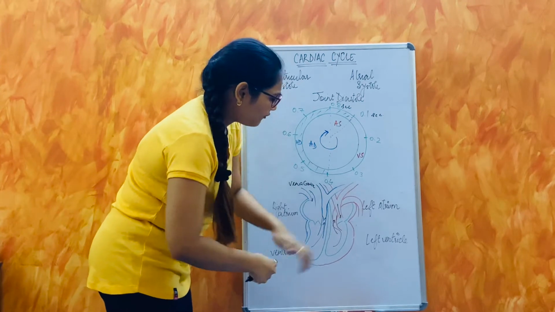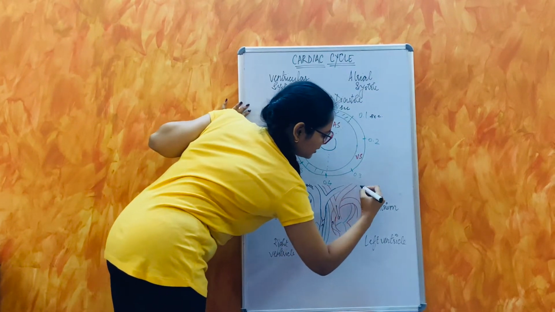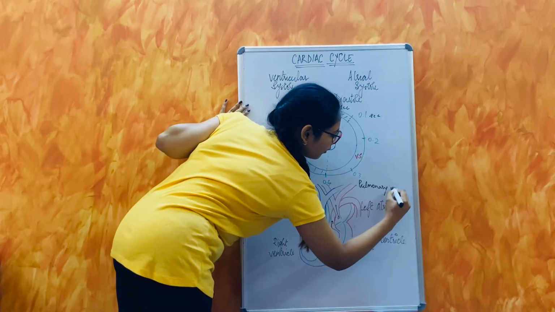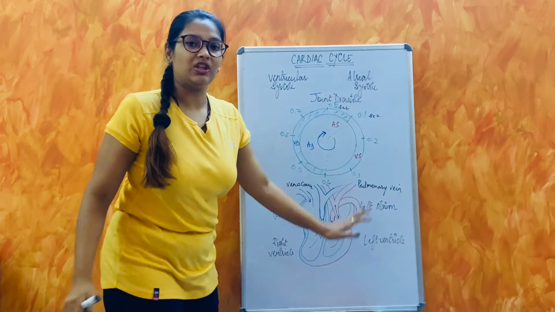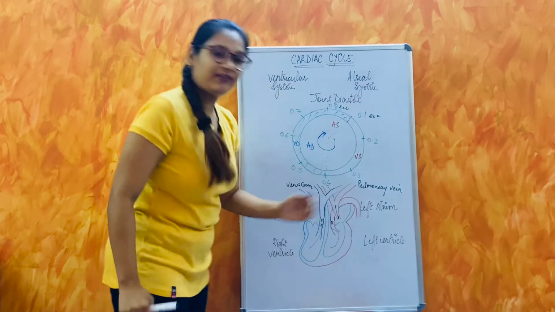Whereas in the left atrium, the vessel here is the pulmonary vein, which is bringing the oxygenated blood from the lungs into the left atrium.